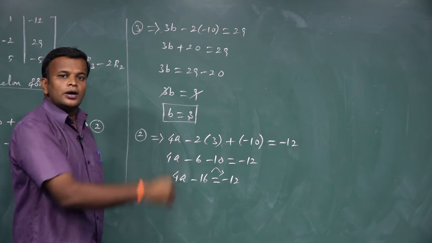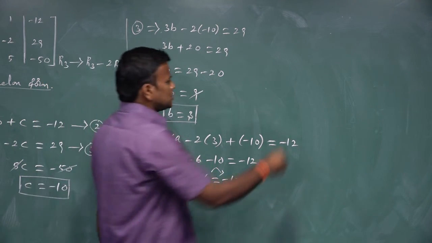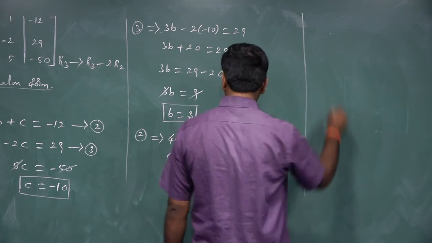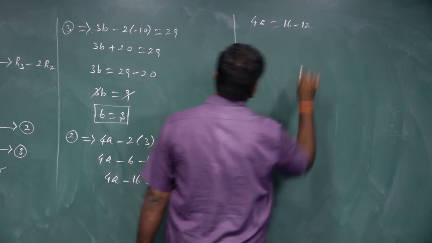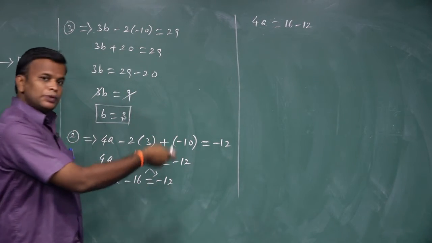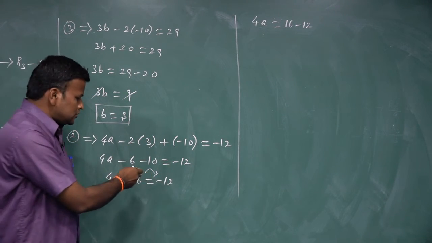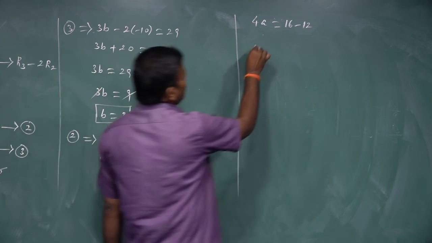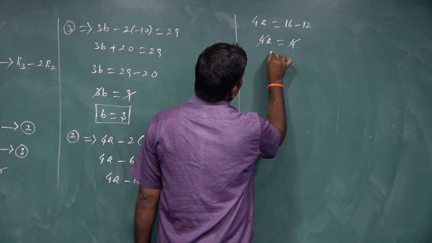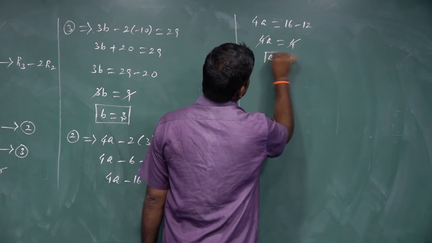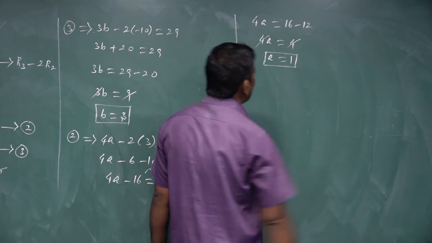Minus 16 goes to RHS, it becomes plus 16. So 4a is equal to 4. We cancel. The value of a is equal to 1.